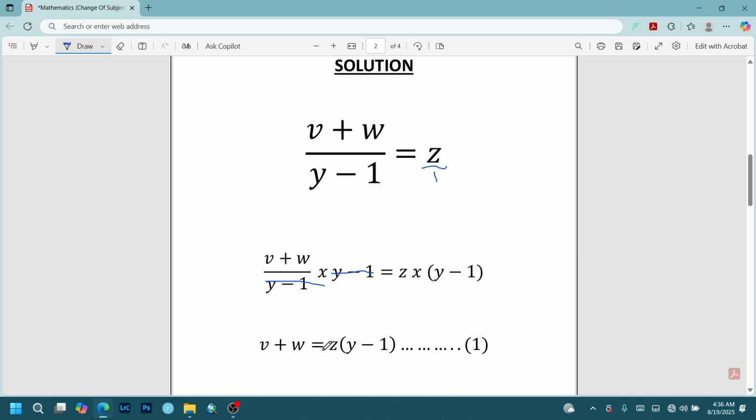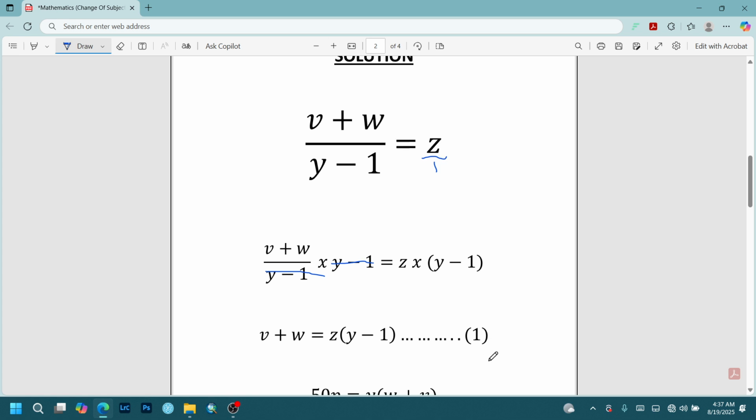So we have our equation to be v plus w equals z multiplying y minus 1, and we label it as equation 1, our first equation.